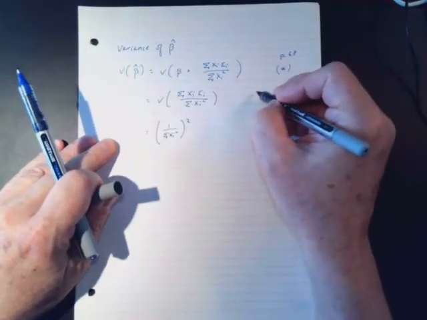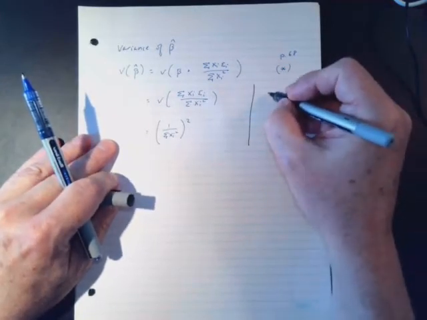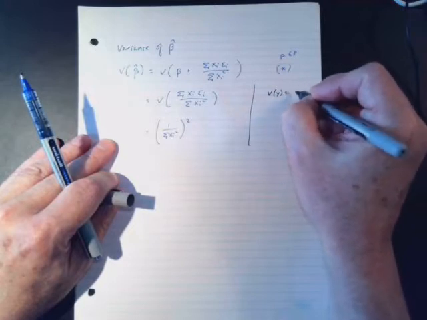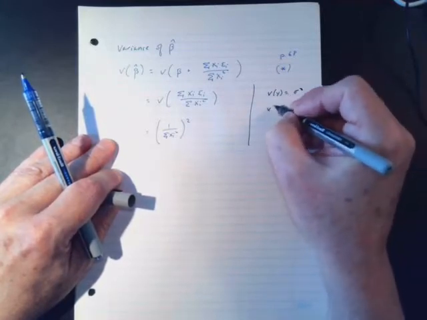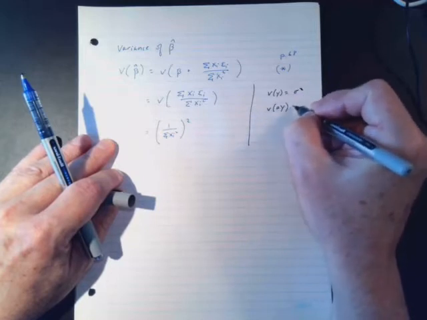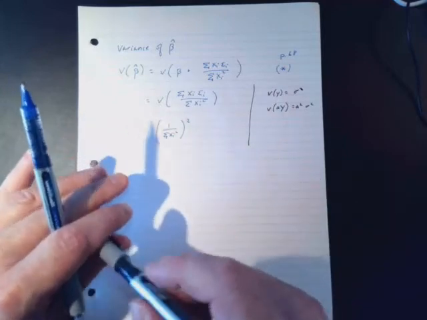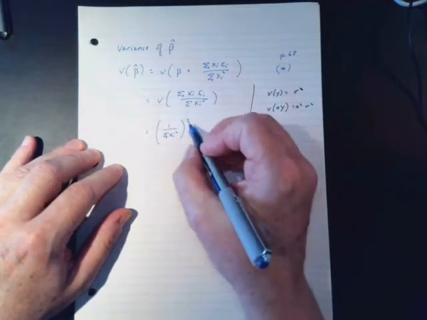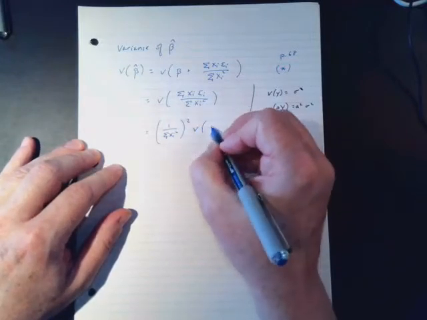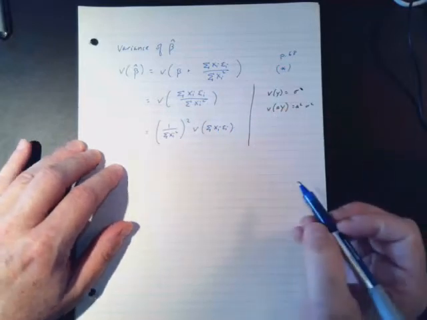And we've seen this before. Remember, if we have the variance of y equals sigma squared, then the variance of a times y equals a squared times sigma squared. All right, so you've seen that already, and that's all we're doing here. Taking that out, and then that leaves us with the variance of the sum of x epsilon.